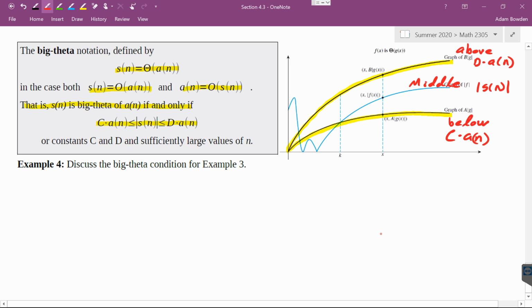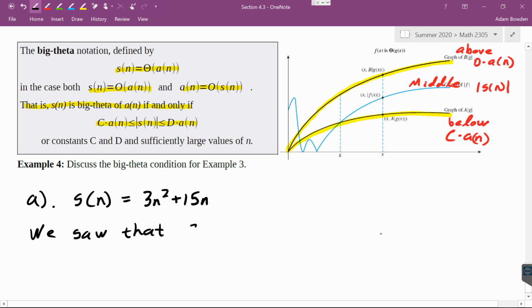And this is useful when we want to try to figure out a worst case and a best case scenario. The worst case would be what's on top, and the best case would be down on what's below. So if we look back from our last example, when we had S of n equal to 3n squared plus 15n, we saw that 3n squared plus 15n was less than or equal to 18n squared.